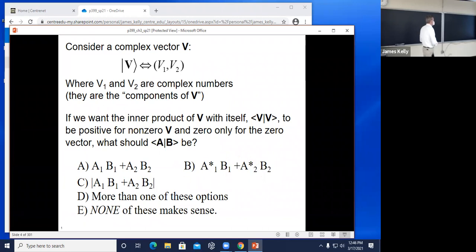Normally if I have a vector with components A1 and A2, maybe those are, or AX and AY, if you want to think of X and Y components, and another one with X and Y components, BX and BY.